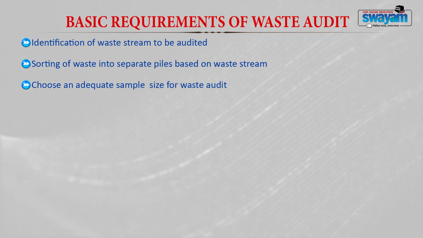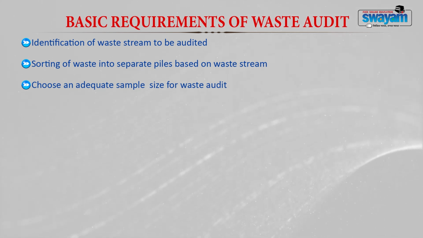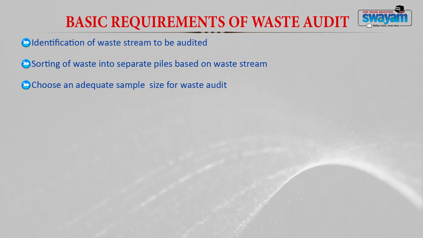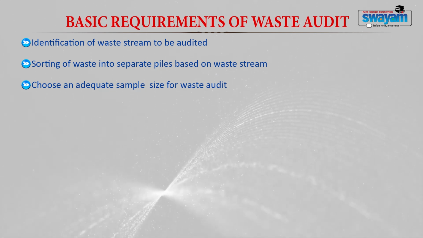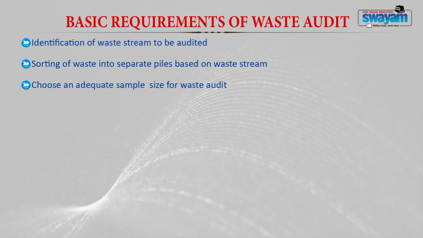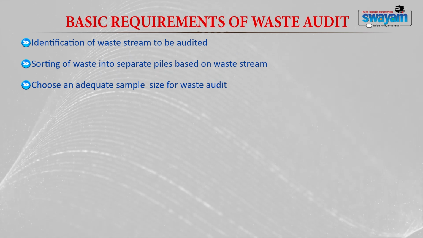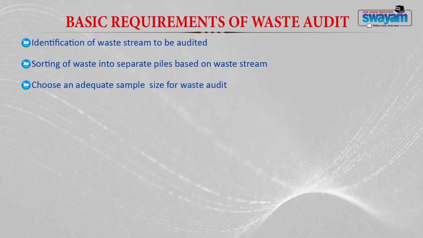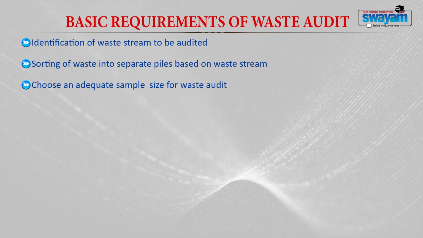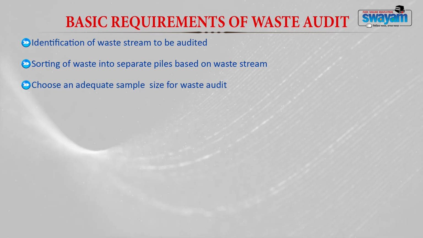The organization may be a bigger size institute or company, a medium size industry, or a smaller size industry. Certainly in a bigger size industry you have to select a bigger sample size, and in a small size industry you can work with a small size waste sample.